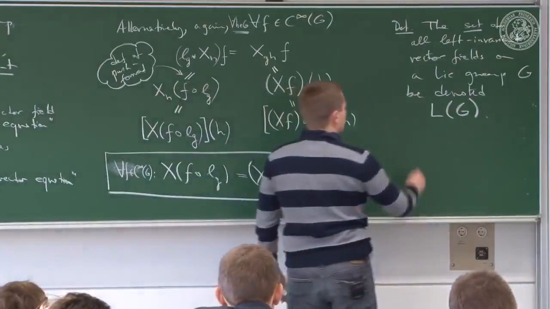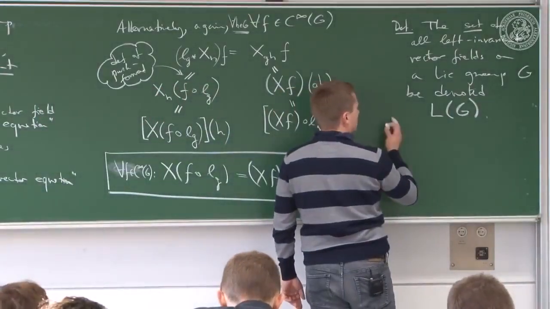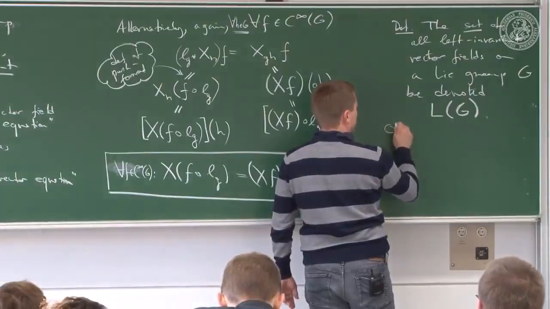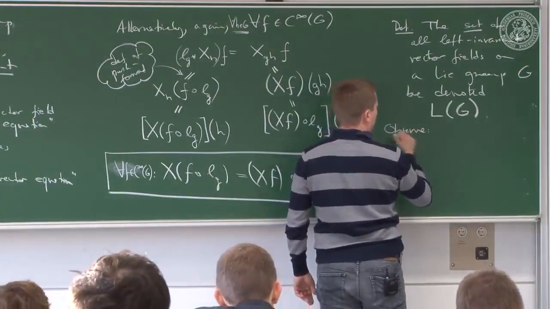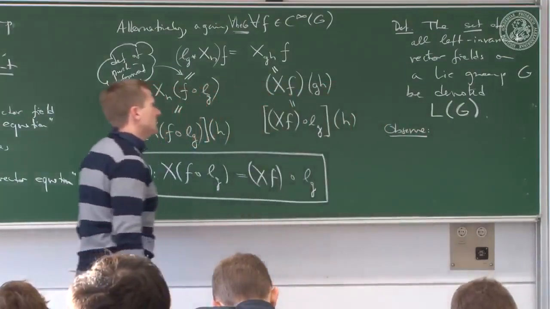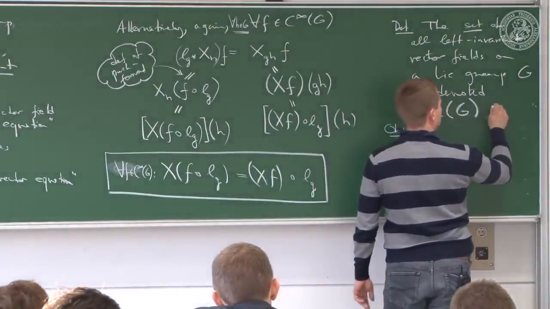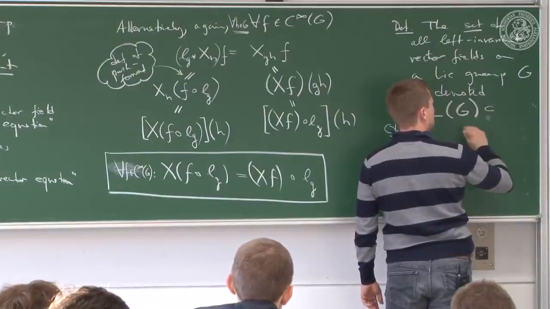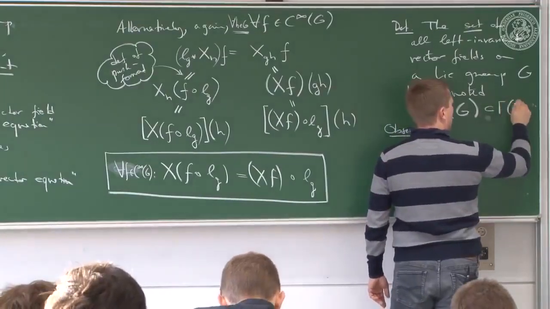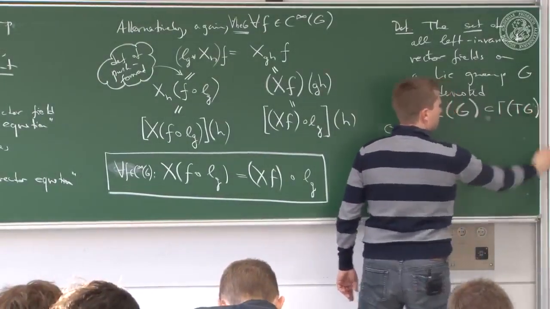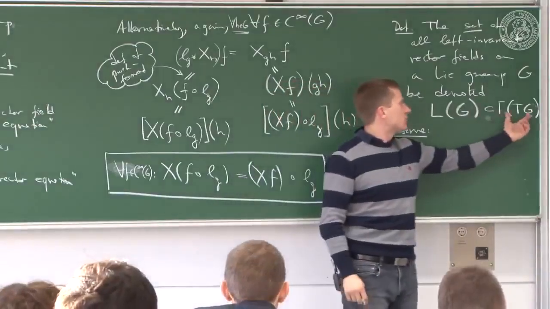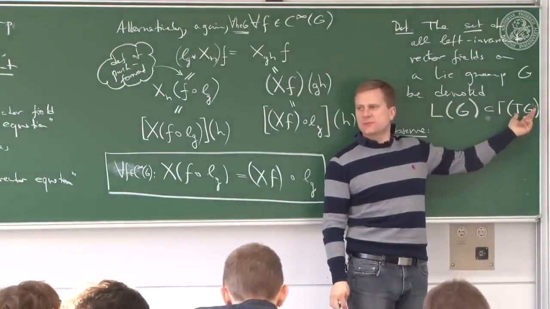But you quickly observe that the addition of vector fields, so LG is certainly a subset of all the vector fields you can have on your manifolds. So of all sections of the tangent bundle.